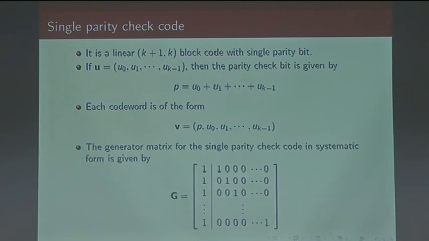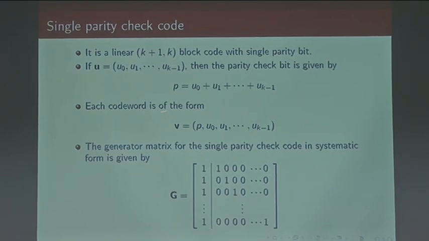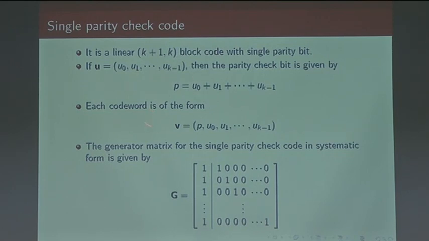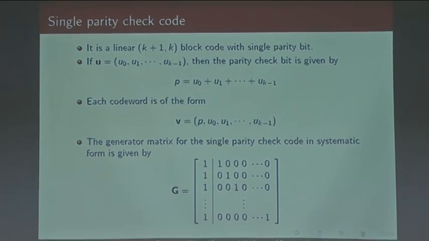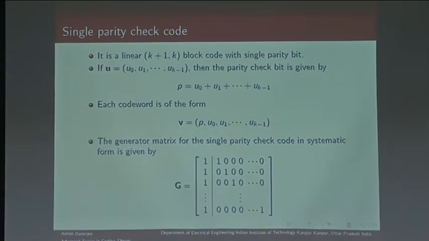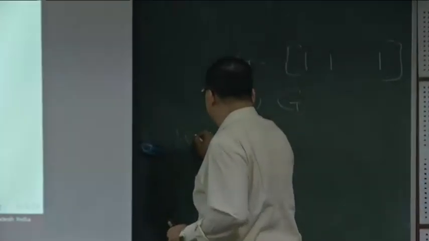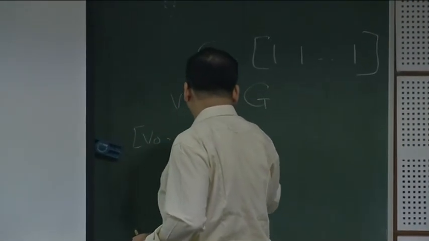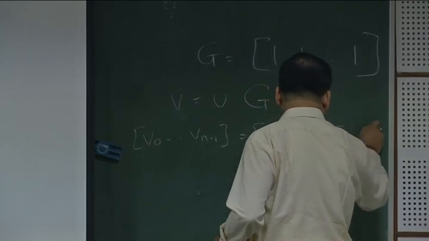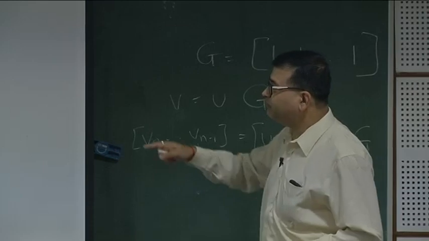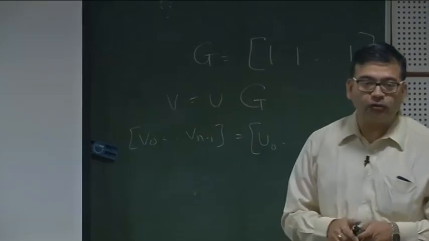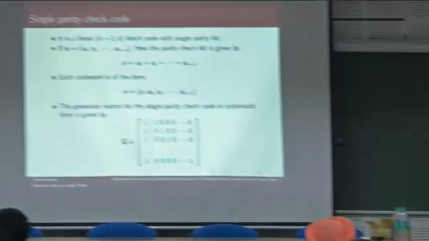Now if I write the corresponding generator matrix, how do I get it from here? I know V is equal to U times G, right? V will be V0 to Vn minus 1, and this will be U0 to Uk minus 1, multiplied by G. If you look at the first bit, which is P, this is U0 plus U1 plus U2 up to Uk minus 1.